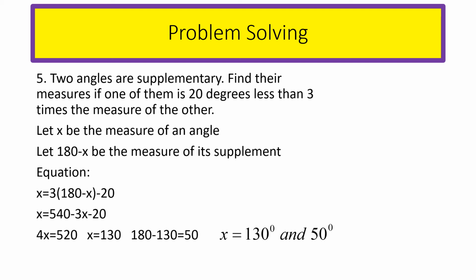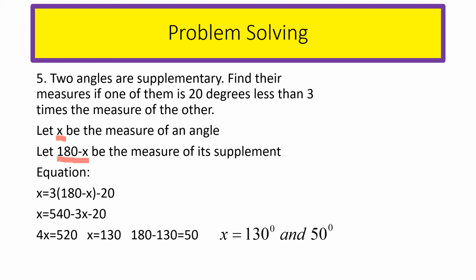So we are in problem number 5. Two angles are supplementary, find their measures if one of them is 20 degrees less than 3 times the measure of the other. Let x be the measure of an angle, and let 180 minus x be the measure of its supplement.